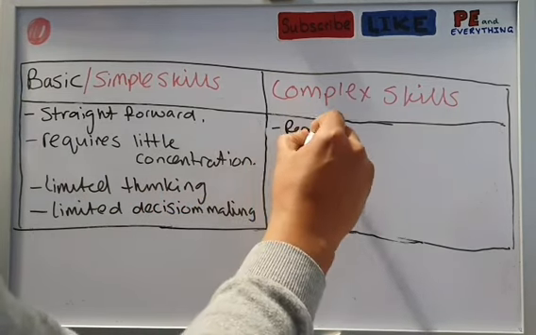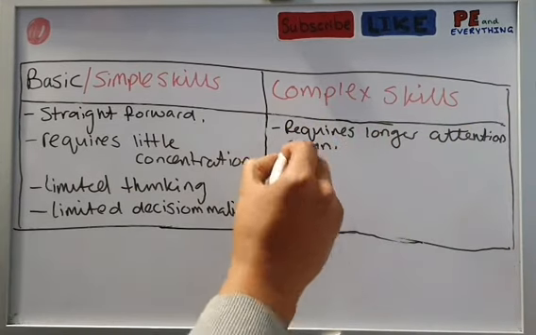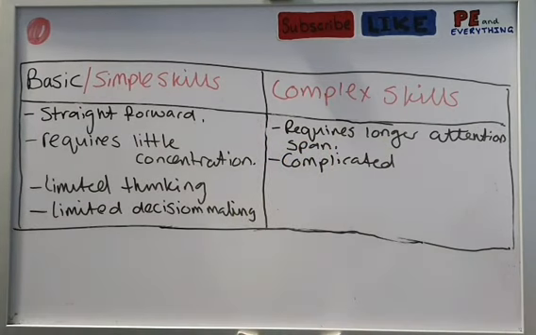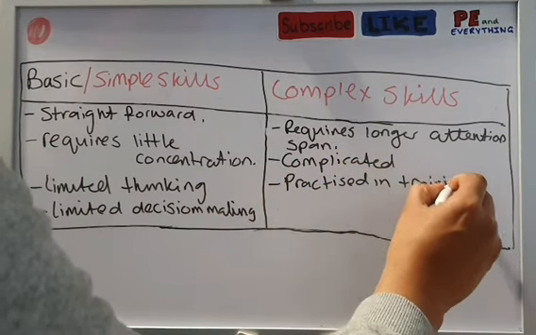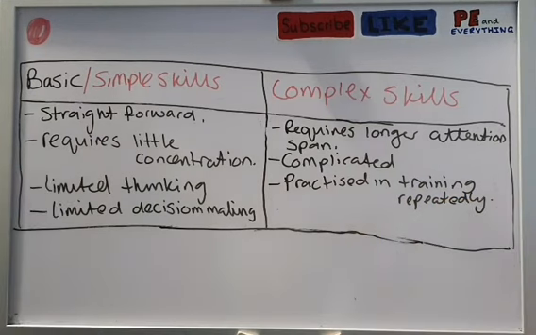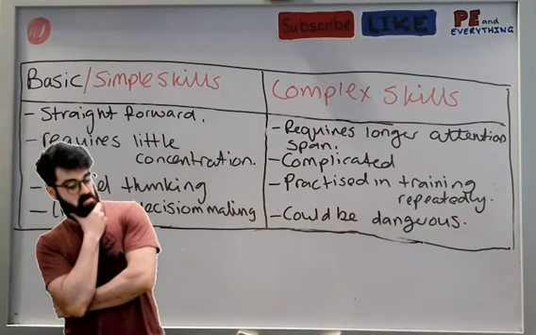Whereas a complex skill involves a long attention span. They're very complicated and practiced in training repeatedly. It has many subroutines and it can sometimes be dangerous as well.